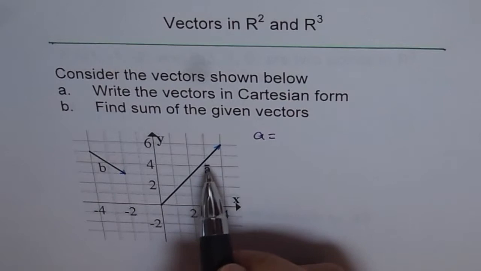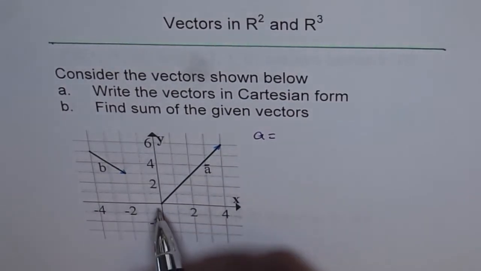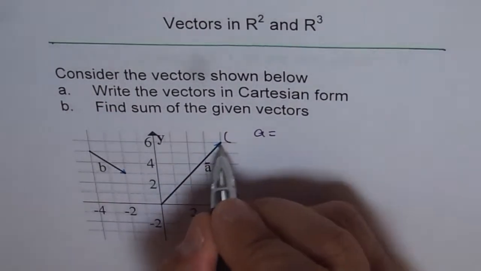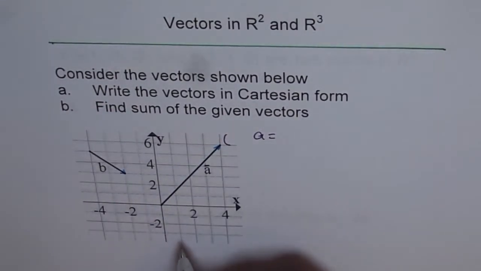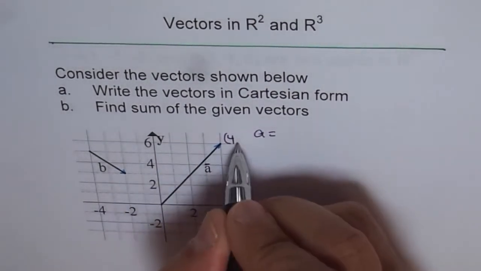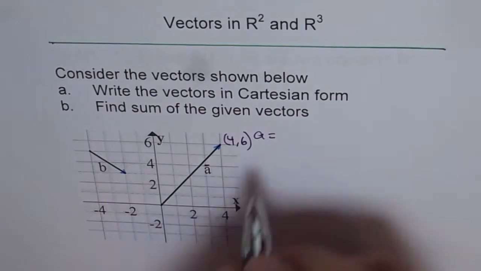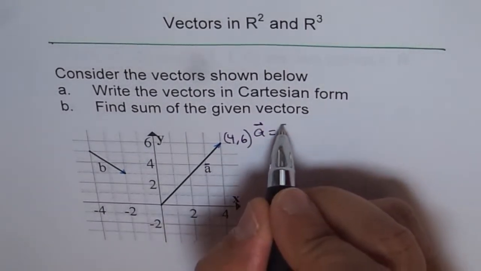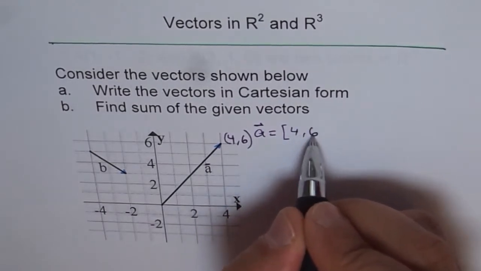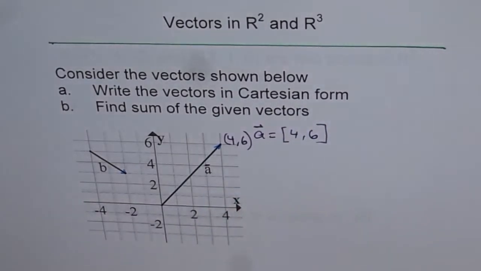If we place the tail at the origin, then the difference between x position and y position will be the same as the x and y coordinate points, right? So the x coordinate point is 4 and for y it is 6. So vector A can be represented as 4, 6 in Cartesian form.